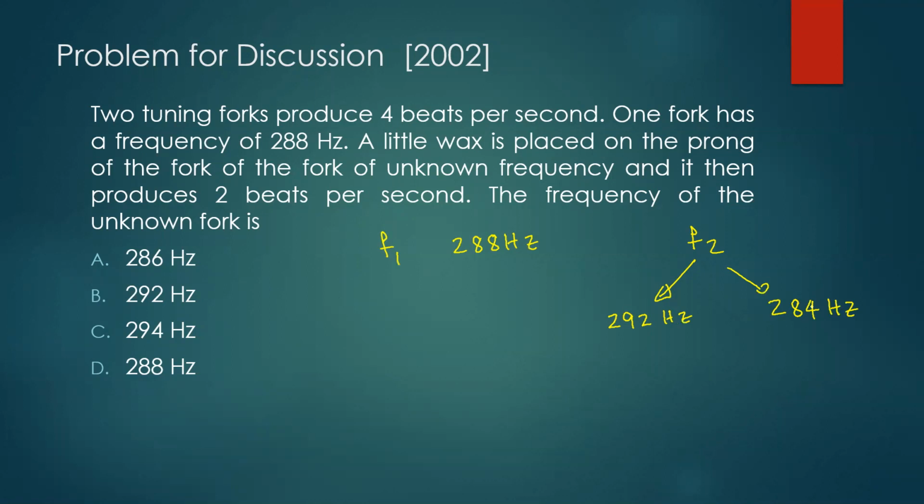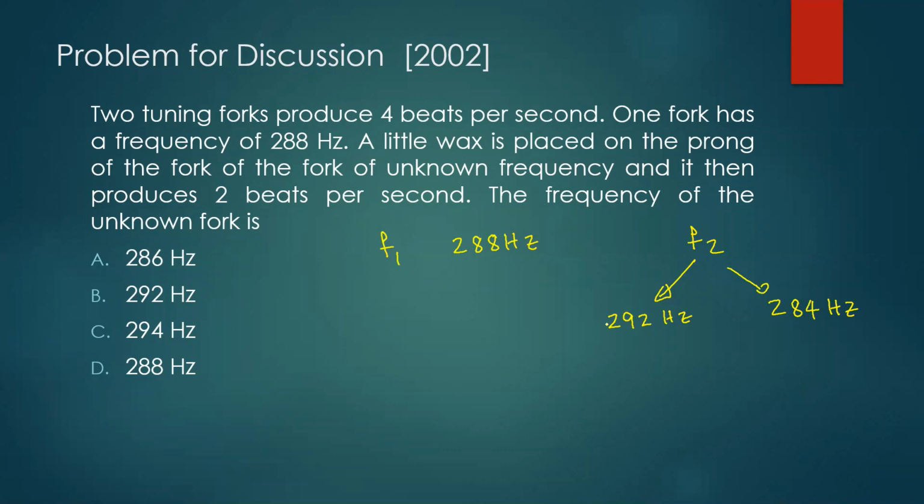So that means they're going to vibrate a lot less vigorously. So the frequency will actually go down. Okay, so if the frequency goes down, then what will happen? Before you place the wax, you have these two possibilities, right?